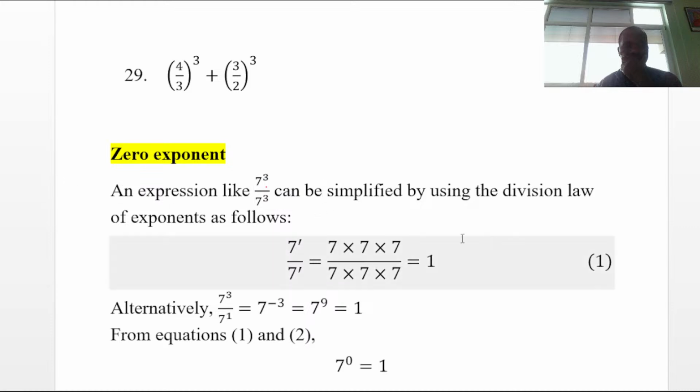So from this expression, 7 power 3 over 7 power 3.